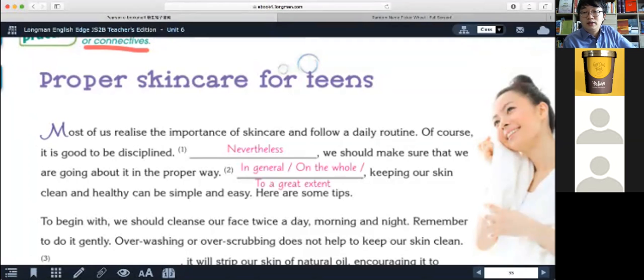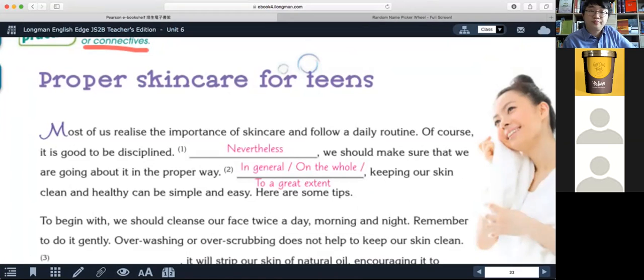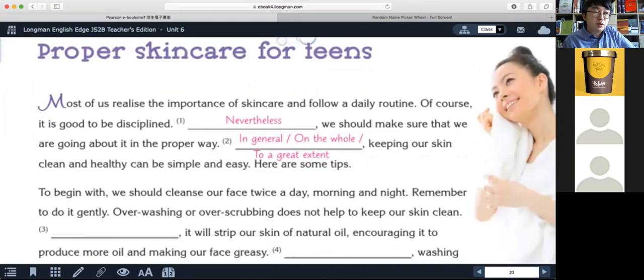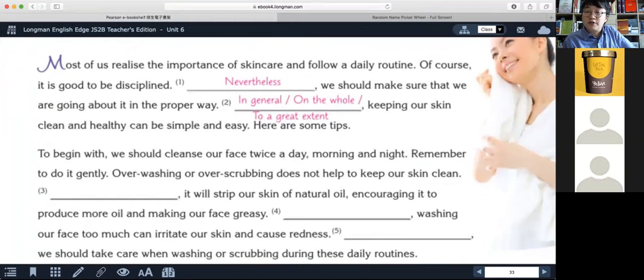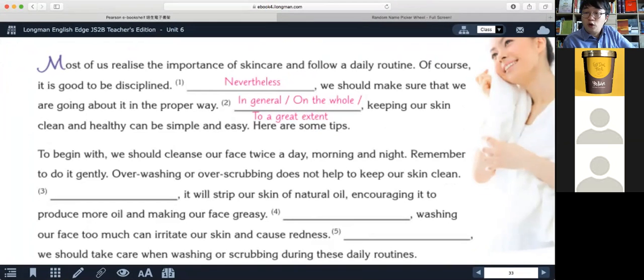Remember, it is not an additional point, it is just a generalization of arguments. Let's see if you make similar mistakes here. If yes, we may need to go through these connectives again.